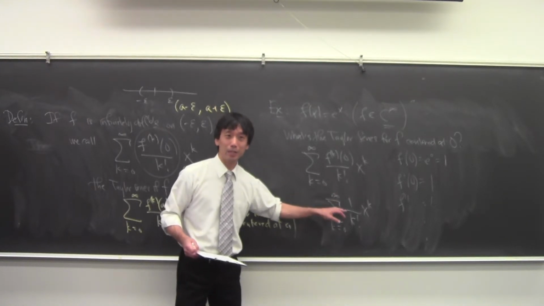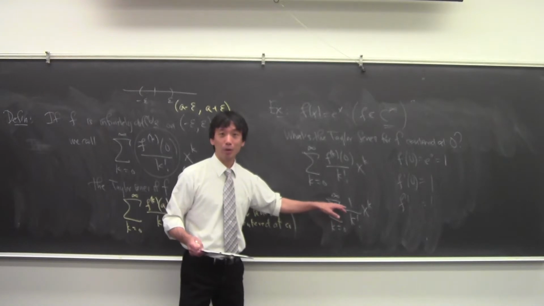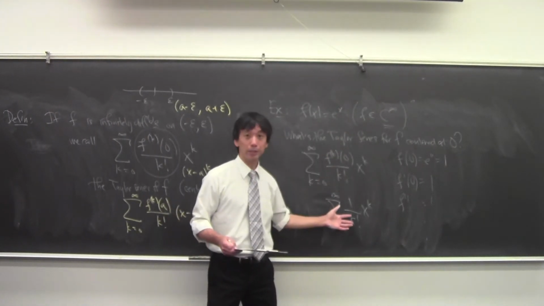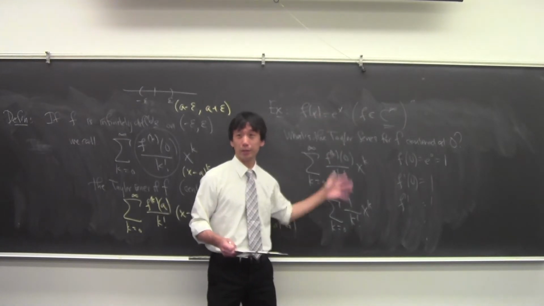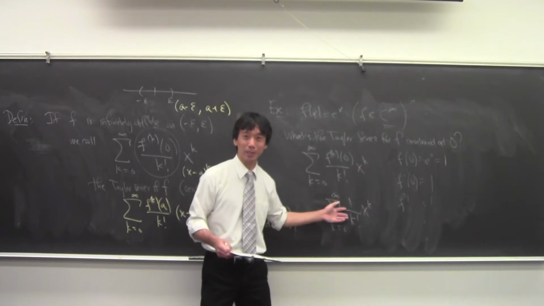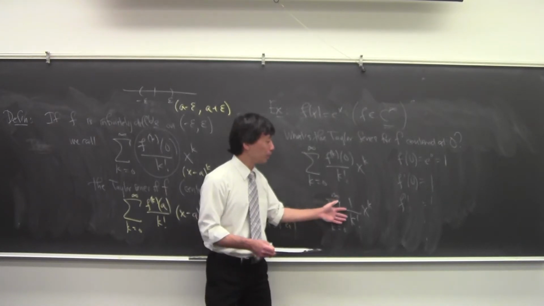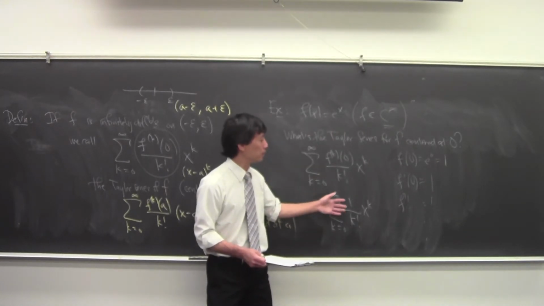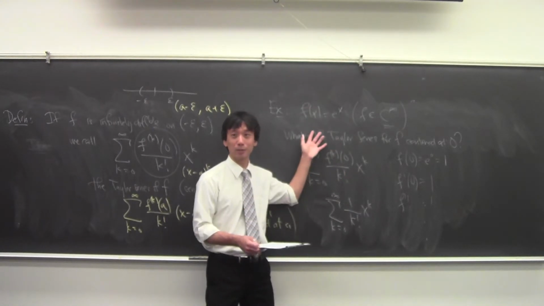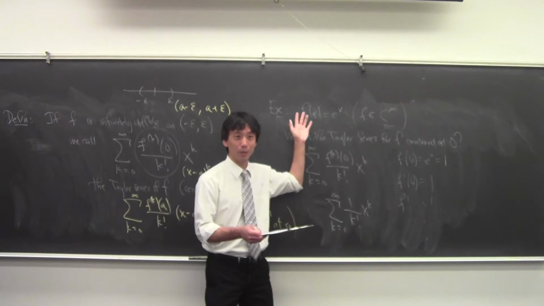If we hadn't done some work last time, all we would know is that there's this function e to the x, and there's this Taylor series, and we don't know if they're equal to each other. Last time, however, we saw that this series actually is e to the x. So it turns out that the Taylor series for e to the x actually gives you back e to the x. Things are good.